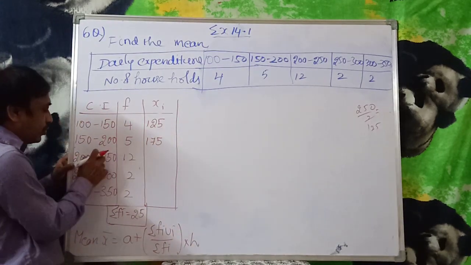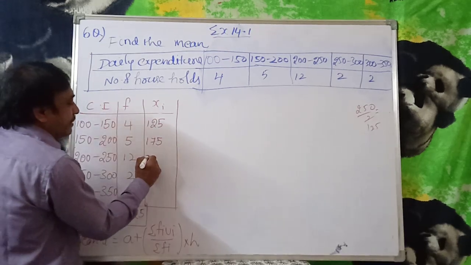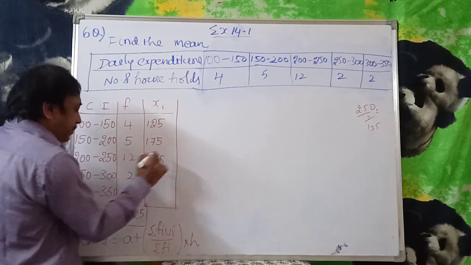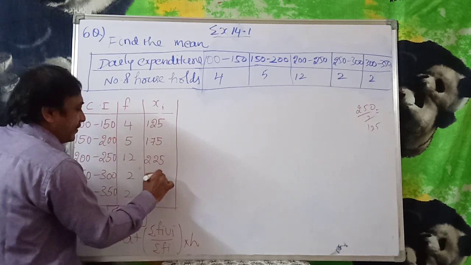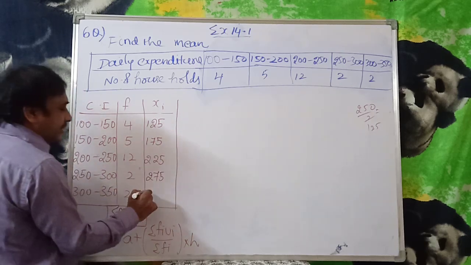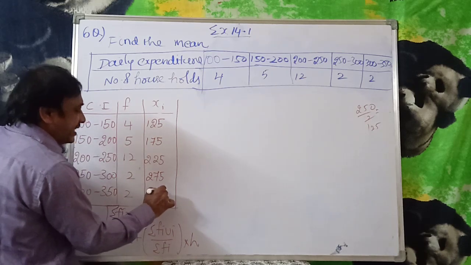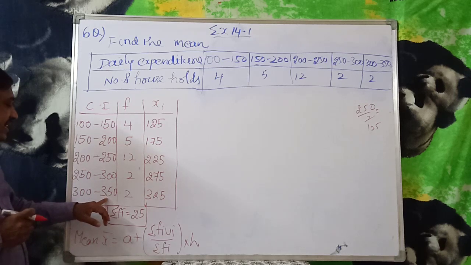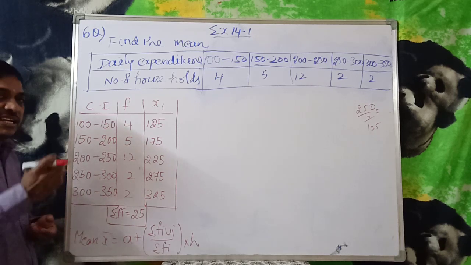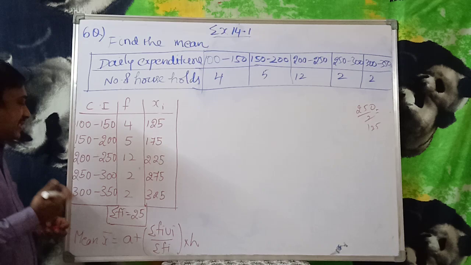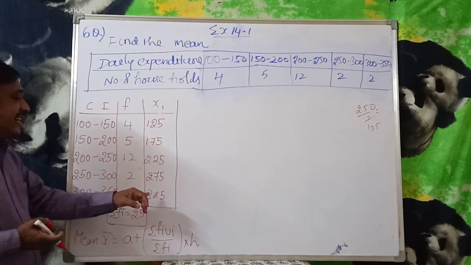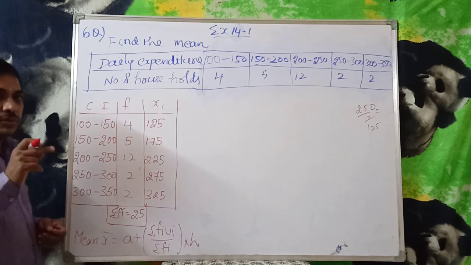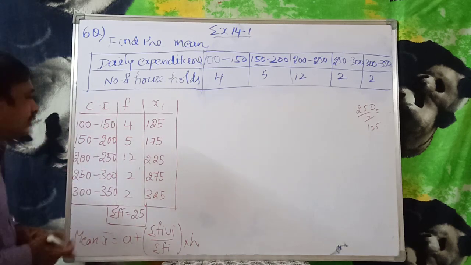Similarly, you obtain these values by adding 50: 175 plus 50 is 225, plus 50 is 275, plus 50 is 325. Observe it: 300 plus 350 is 650, half of 650 is 325.